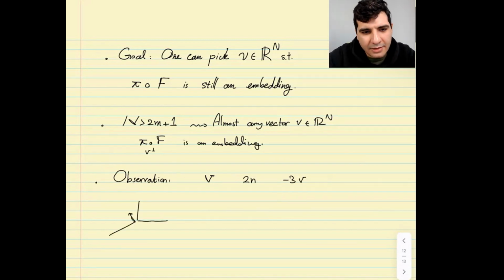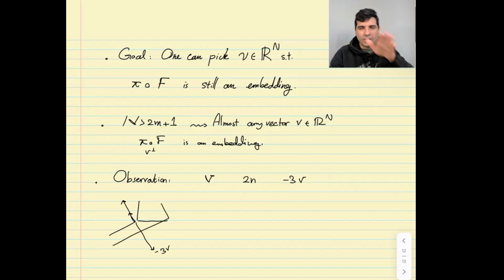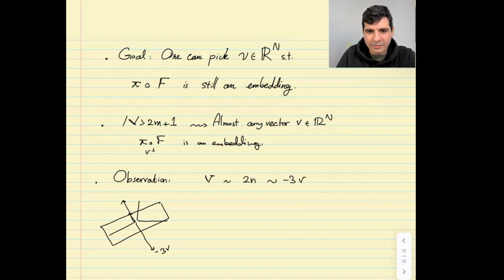If this is v, this is 2 times v, this is minus 3 times v. The plane which is normal to these vectors is always the same. So the projection map associated to v or 2v or minus 3v is the same. In some sense, choosing v or 2v or minus 3v doesn't make any difference.